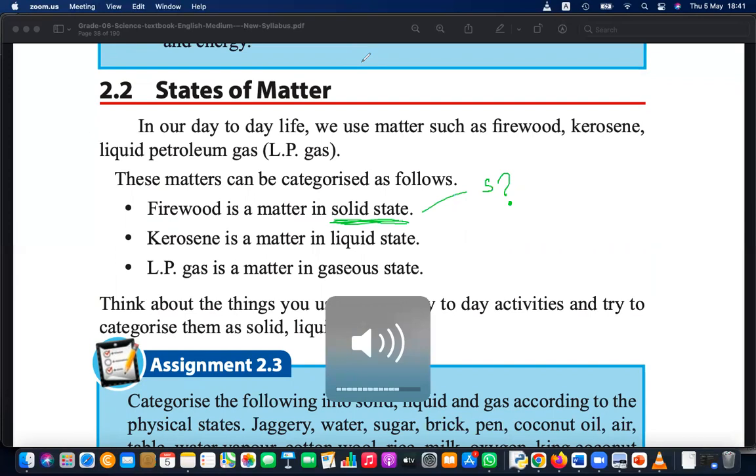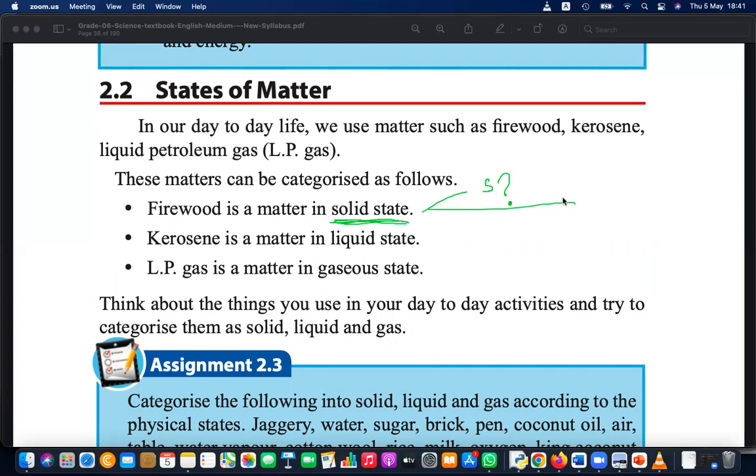Hello? Can you hear me? Yes, sir. Okay, solid. Can you tell, is it taking some space? Solids, yes, it can take space. Is it having mass? It's taking space, correct? Is it having mass?